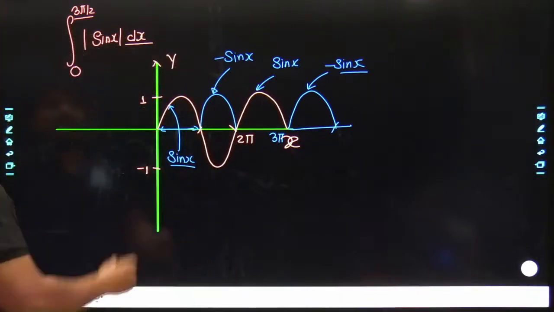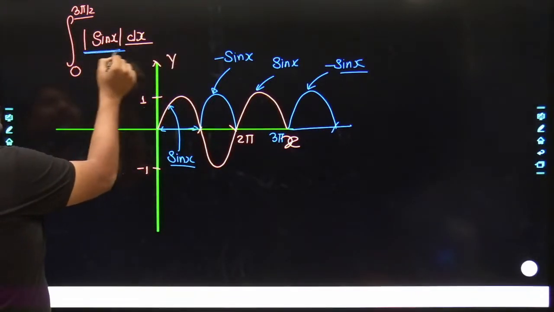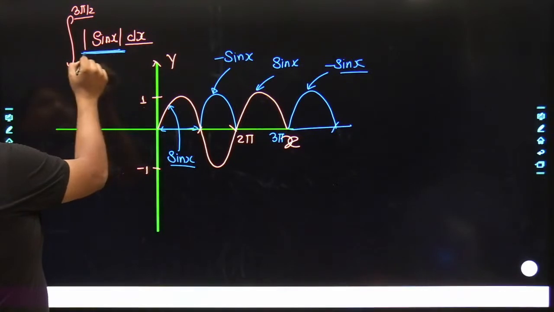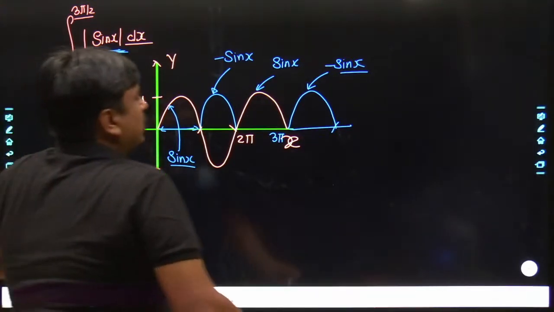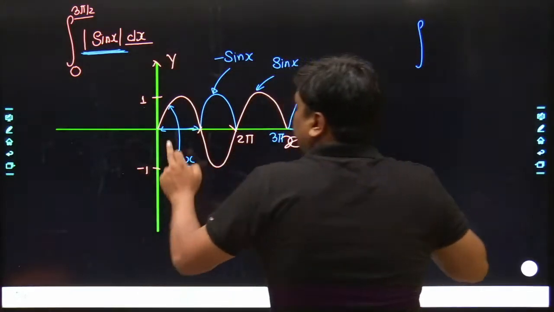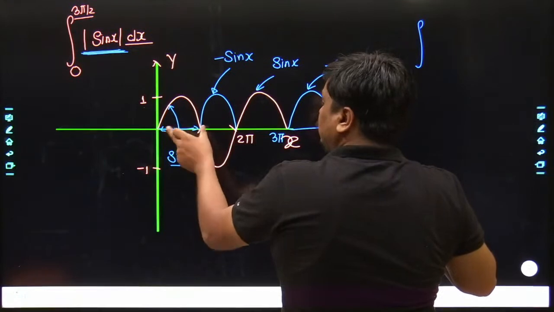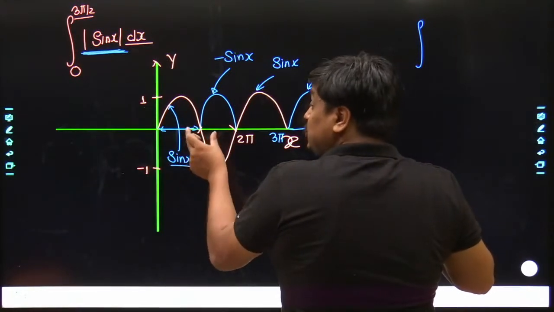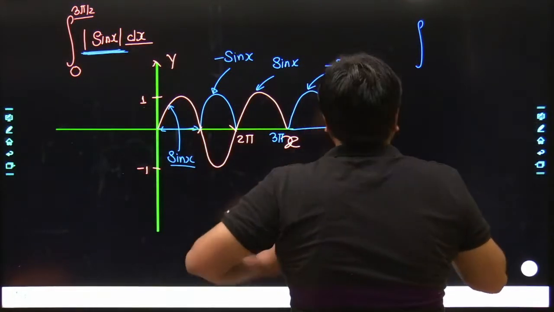So if you are really interested in finding the integration of mod of sin x from 0 to 3 pi by 2, you have to break the integration in parts. From 0 to pi, one thing is quite sure, the mod of sin x is uniform in nature and it is defined as the sin of x itself.